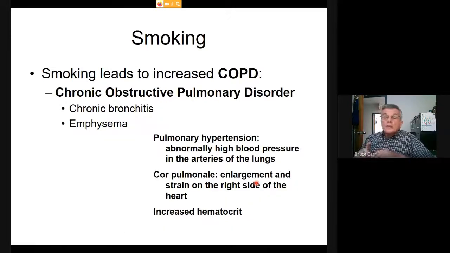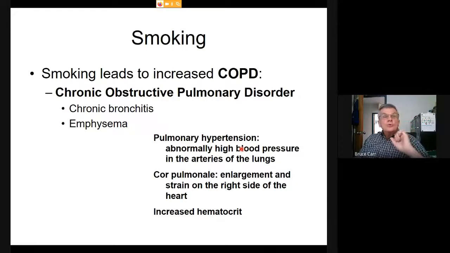COPD, or chronic obstructive pulmonary disorder, can be caused by a number of factors. Chronic bronchitis, coughing, if there's a bronchial irritation. Emphysema can be accompanied by pulmonary hypertension. We're talking there about basically blood pressure to the lungs being abnormally high. And the reason is your oxygen sensors are saying, whoa, not enough oxygen.